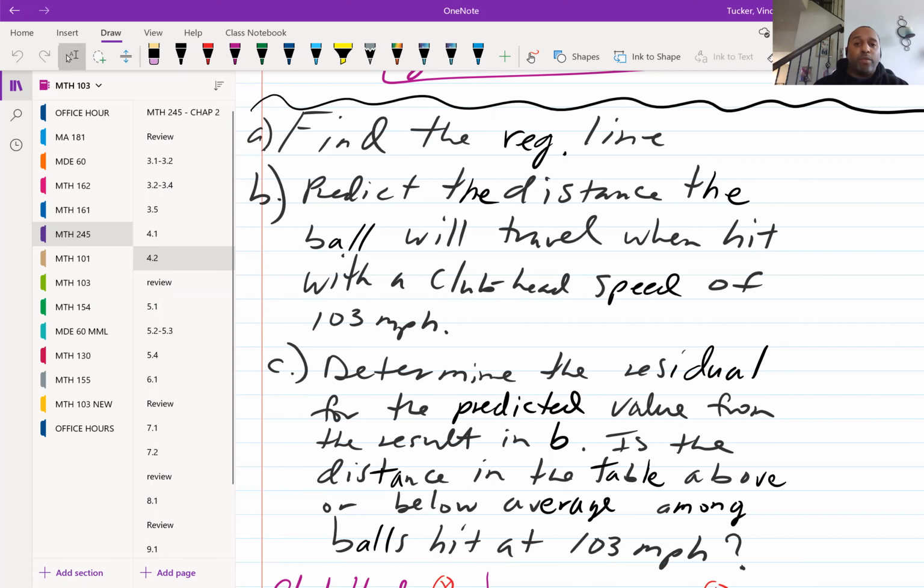First, we want to find the regression line. Then we're going to predict the distance the ball will travel when hit with a club head speed of 103 miles per hour. Determine the residual for the predicted value from the result in B. Is the distance in the table above or below the average among balls hit at 103 miles per hour? I'll give you a chance to write that down.